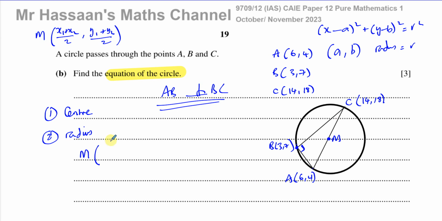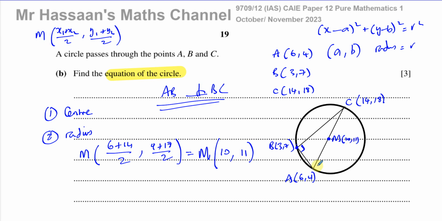So you add the x coordinates together, 6 plus 14 divided by 2, and the y coordinates, 4 plus 18 divided by 2. So the midpoint is going to be, that's 20 over 2, which is 10, and that's 22 over 2, which is 11. So that's the midpoint. That's the point here, 10, 11.